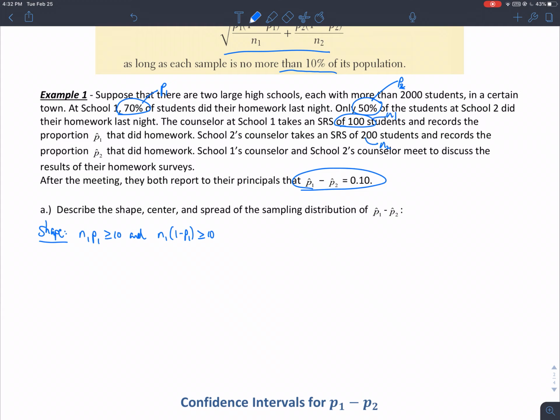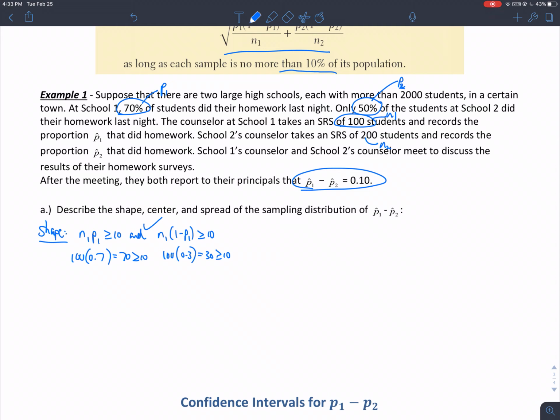So we're just doing 100 times 0.7, and that's 70, which is greater than or equal to 10. And then 100 times 0.3 is 30, which is greater than or equal to 10. All right? So the large counts condition is met for the first sampling distribution.